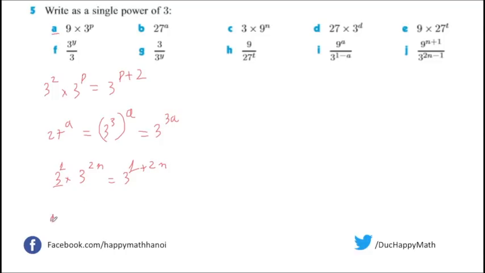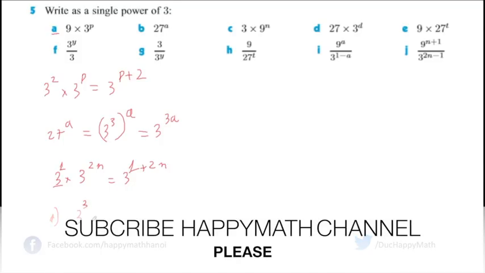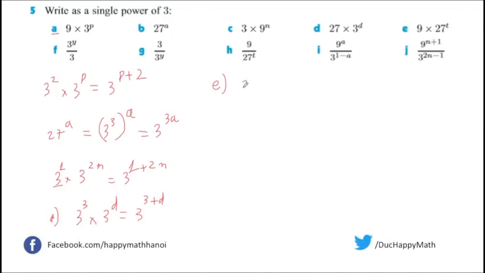And exercise D, 27, very easy, 3 power 3, and times 3 power d means 3 power 3 plus d. Okay, so exercise E, you got 9, 3 squared, times 3 power t, and you have 3 power 2 plus t.